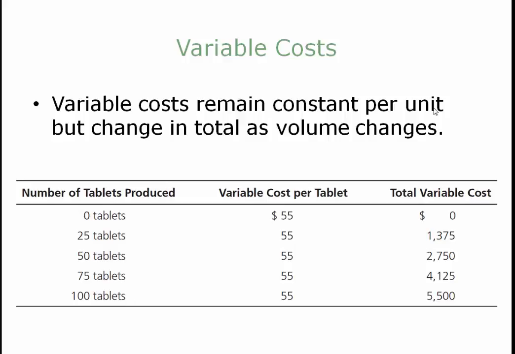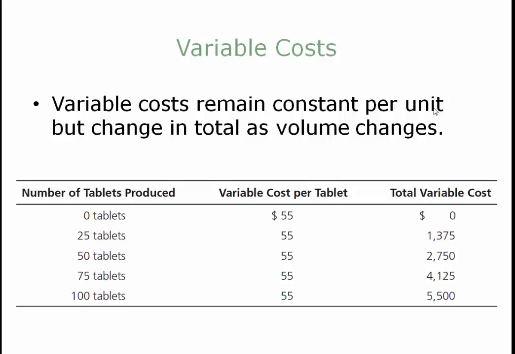Variable costs change based off of the number of units produced. If you look at this particular table, it shows that if you have 0 tablets produced, and you might think about this from a product cost perspective, that might be direct labor or direct materials. If you produce 0, your total variable cost is 0. If you produce 25, your variable cost is 25 tablets times $55, the variable cost per tablet, and so on.